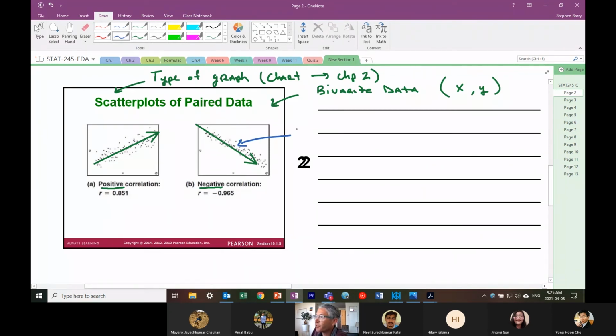You've probably heard of a linear correlation line; linear regression line is just a fancy word for line of best fit. That's what we used to call it back in high school. A linear correlation is the same thing as a line of best fit. So you're going to have to determine a slope, and you're going to have to determine an intercept.